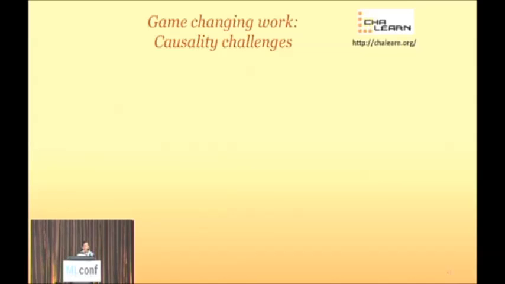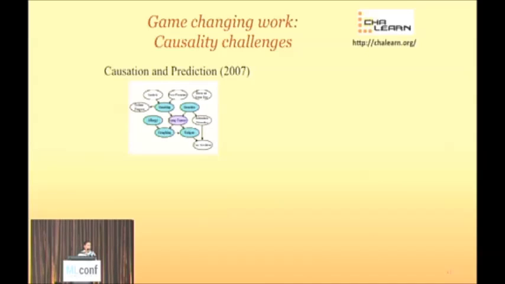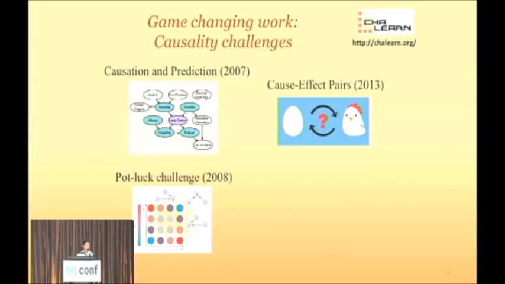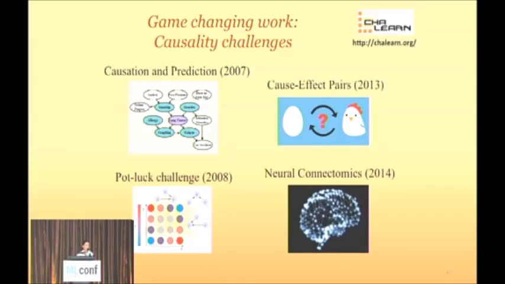So I like formalizing problems and letting you guys solve them and make these great new contributions. So since 2007, we've been organizing challenges on causality. And I will be talking to you about one of them in particular.